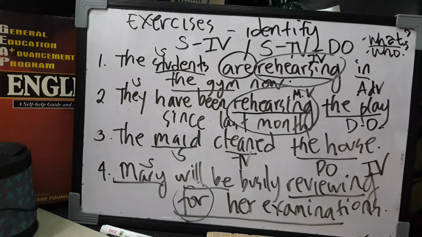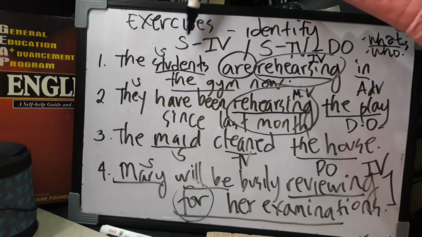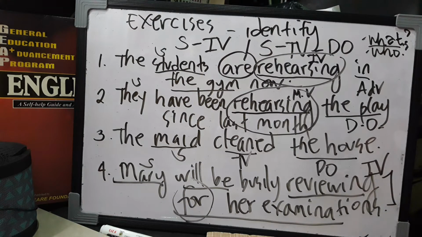If that's the case, then that is STVDO because we do have a noun, her lessons. But in this sentence that I wrote on the board, we don't have an object. So this is SIV. So guys, that is how an SIV and STVDO are differentiated.